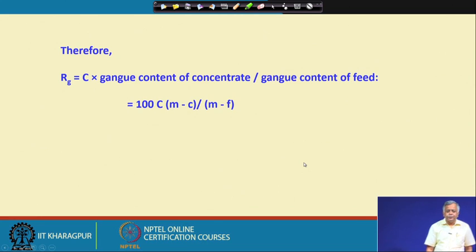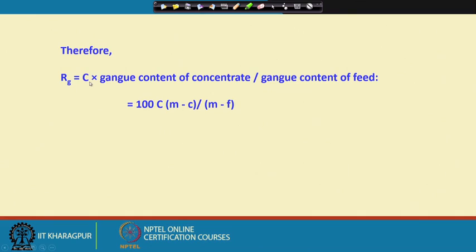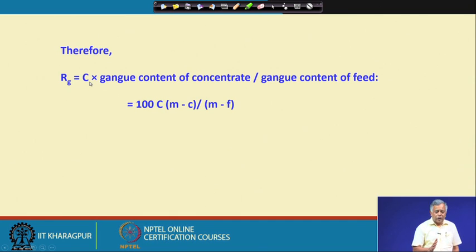Therefore, Rg, that is the recovery of gangue material into the concentrate, is capital C, the fractional weight of the material recovered into the concentrate, multiplied by the gangue content of the concentrate divided by the gangue content of the feed.